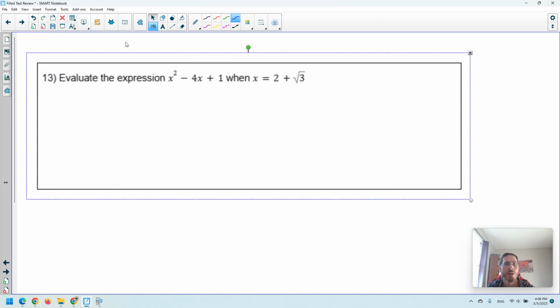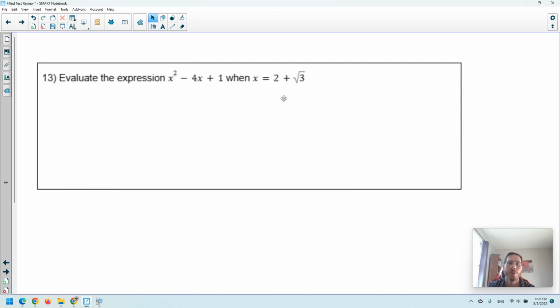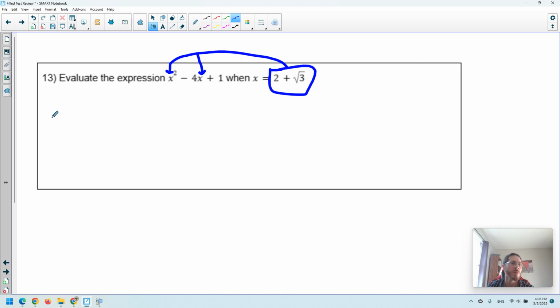Number 13, evaluate the expression when x equals 2 plus radical 3. So again, this is kind of getting at the idea of a composition is just a substitution. So what we're going to do is just plug this in for the x's. So we're going to get 2 plus radical 3 squared minus 4 times 2 plus radical 3 plus 1.